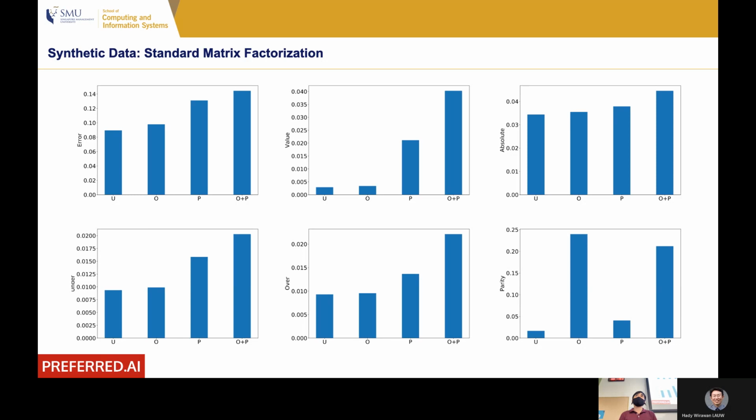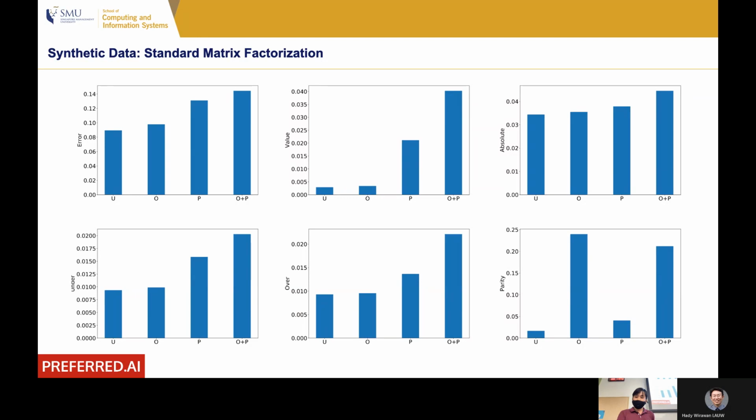This suggests the conclusion that the imbalance of the population is worse than the imbalance of observation. It's okay to not observe a lot of ratings from a certain group and observe more ratings from the other group. But if we have an imbalanced population, then it's more unfair.